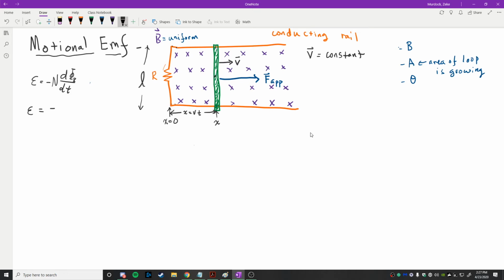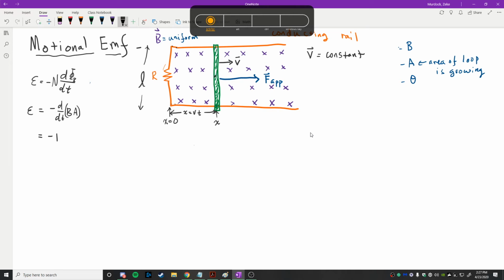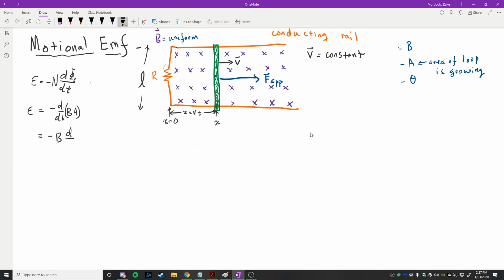And then we have flux, d/dt of B times A. The magnetic field's oriented perpendicular to the loop, so there's no angle between it and the area vector. The magnetic field's not changing, so we can just pull that out. But the area itself is changing.